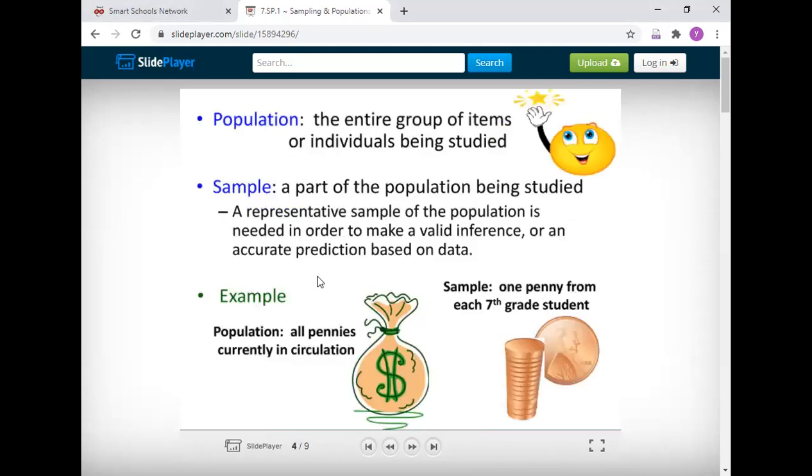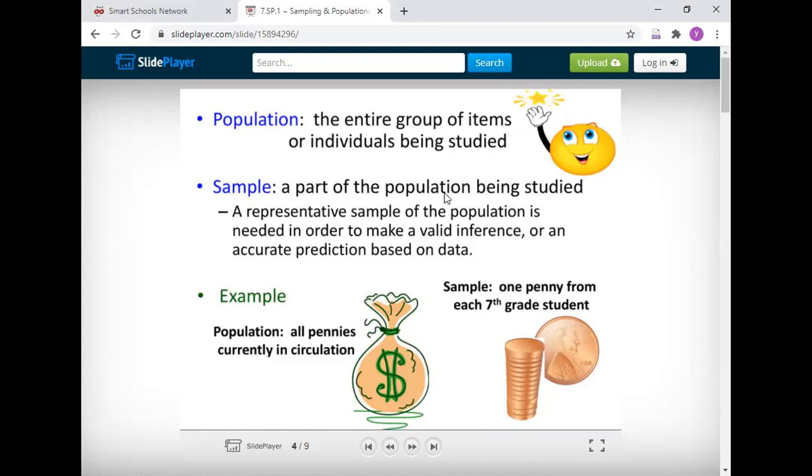Also, from the vocabulary we have to know today, the population and sample. Population: the entire group of items or individuals being studied. Sample: a part of the population. So if I'm talking about all the students in grade 7, I'm talking about the population.